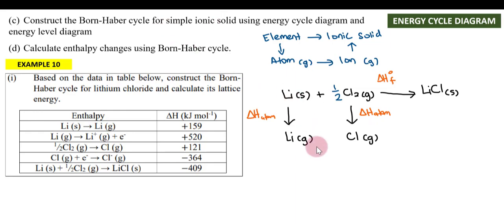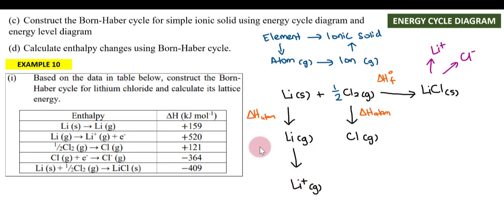All right. So after you got your gaseous atom, you are going to convert it into gaseous ion. Since here the ionic solid of lithium chloride comes from lithium plus ion and Cl minus ion, lithium gas will become lithium plus gas, because it is metal.